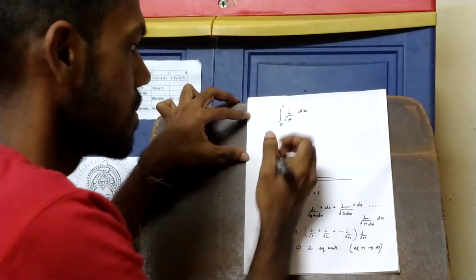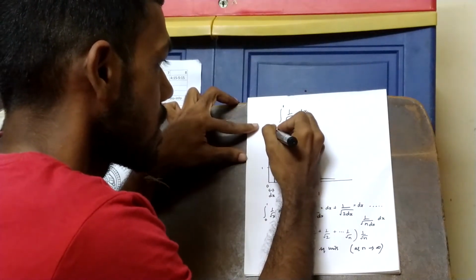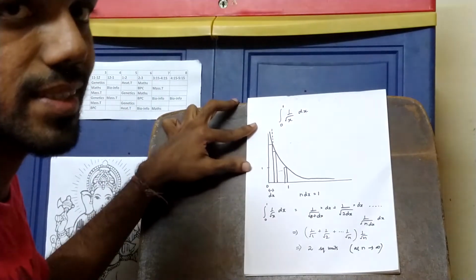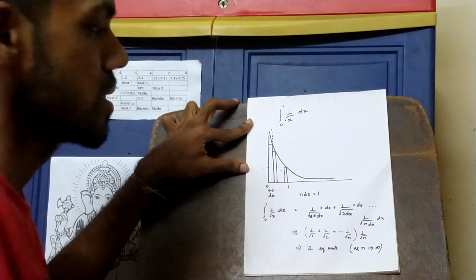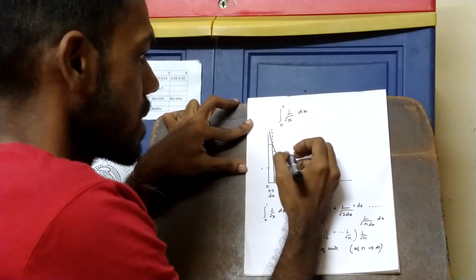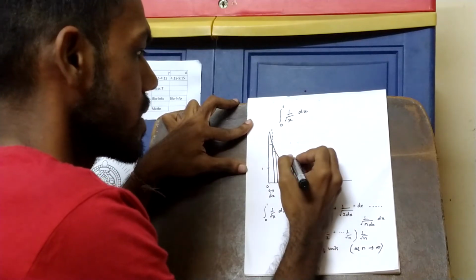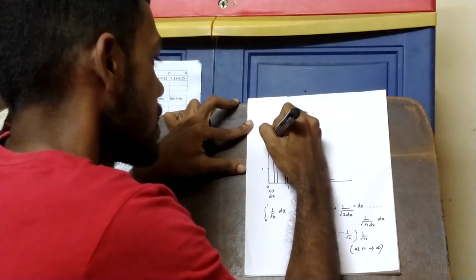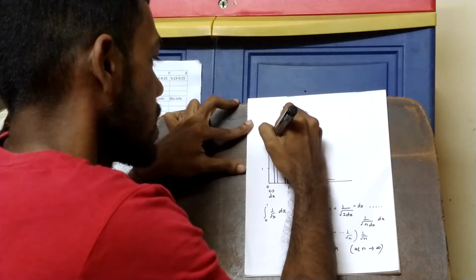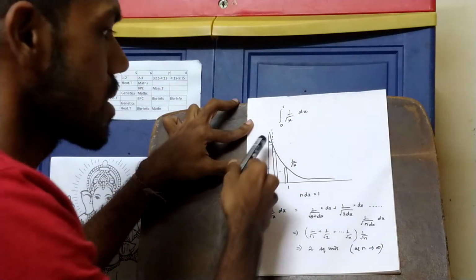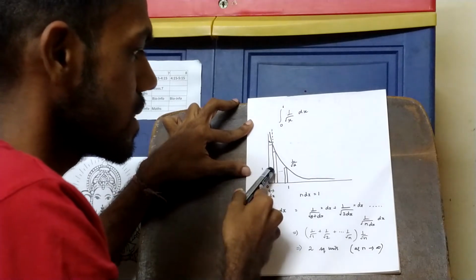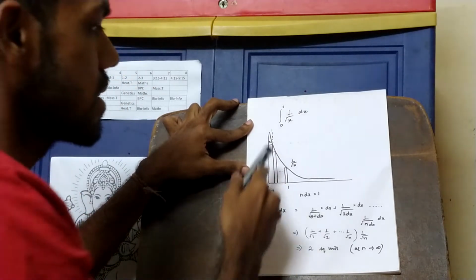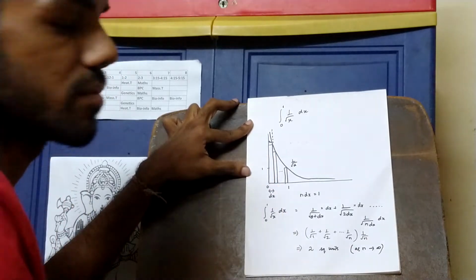But when we look at the area above the first strip in the integral of 1 by root x dx, this area A1 has to be included in the summation, as the area A1 lies below the graph.